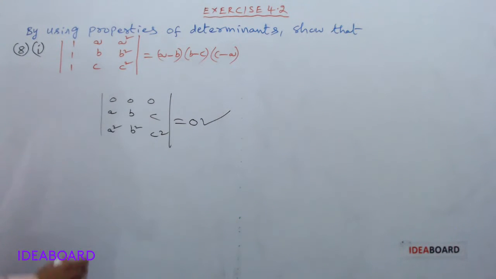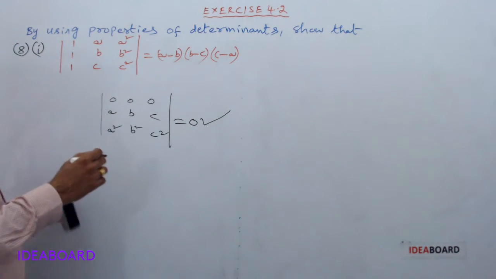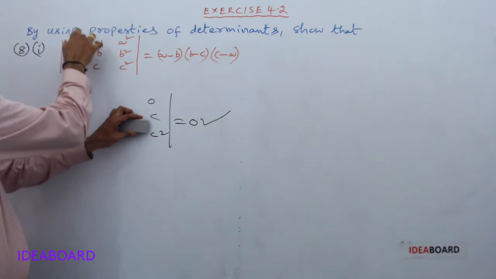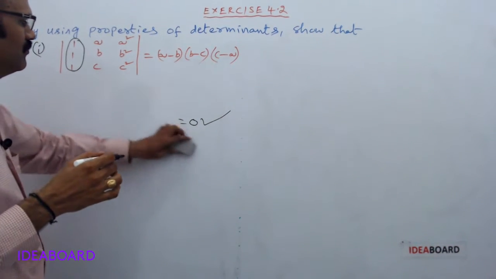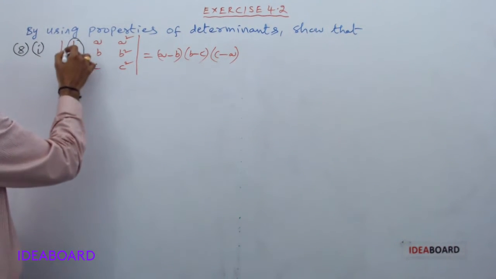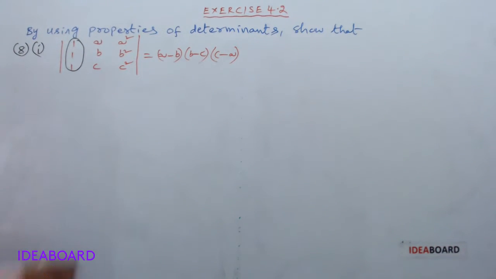Now, in the given problem, we have 1, 1, 1 in the first column. We try to get 2 zeros, then the simplification becomes very easy.